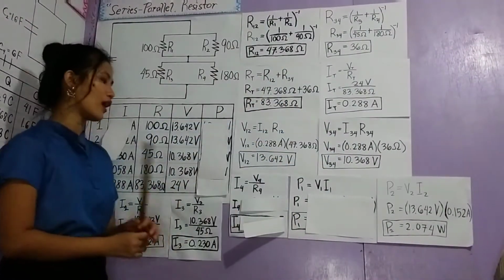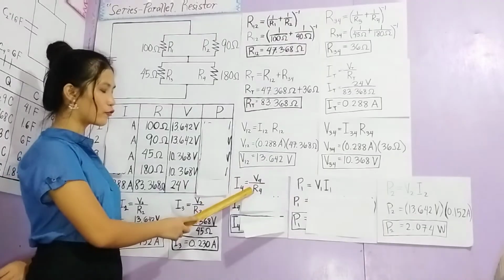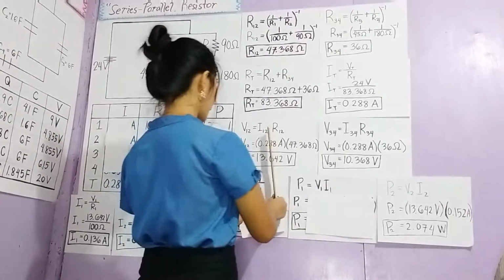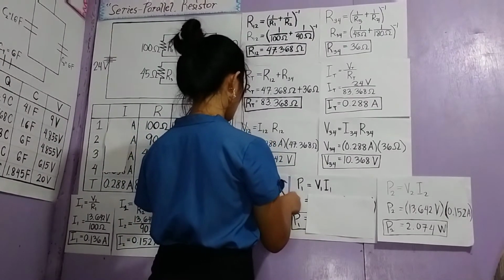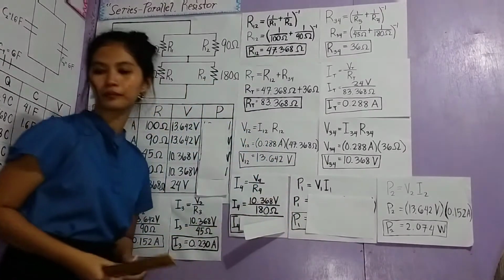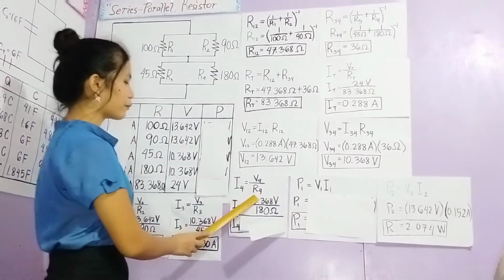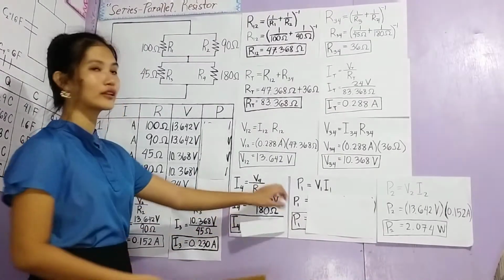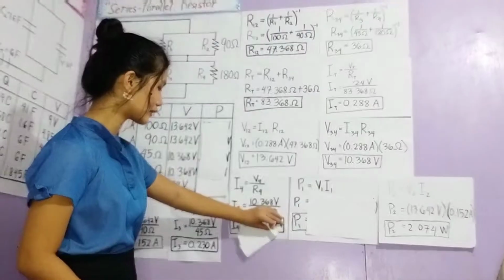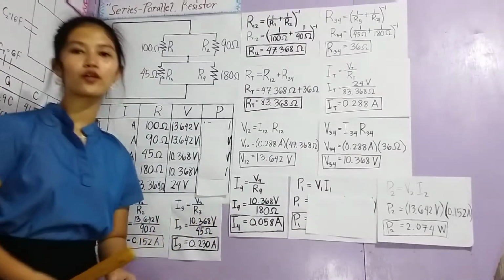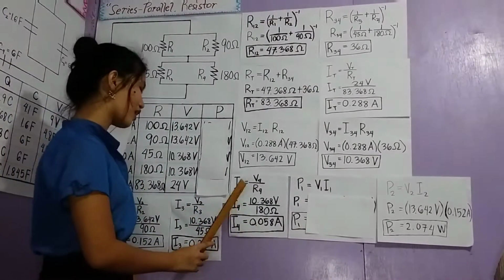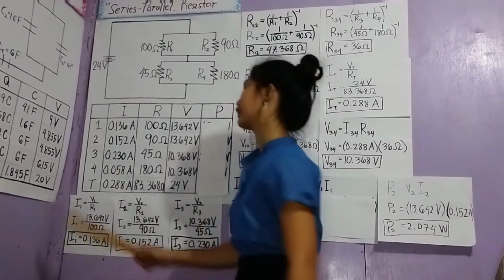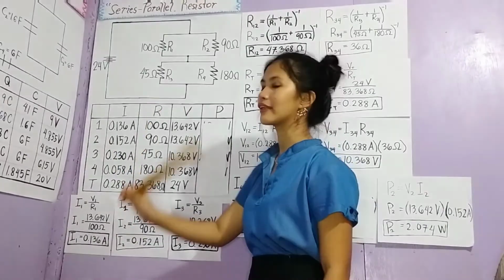Next, for I4, we have V4 over R4, and putting down their given values, we have 10.368 volts over 180 ohms, and using the calculator, we get an answer of 0.058 amp. So now we have our I1, I2, I3, and I4.